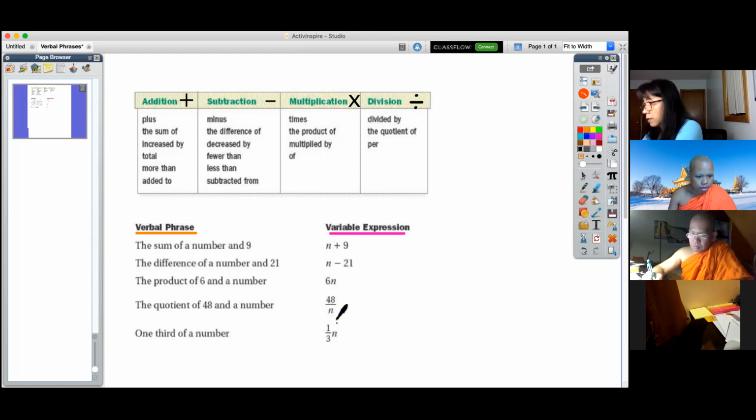The product of a number. And a quotient. I have no idea.